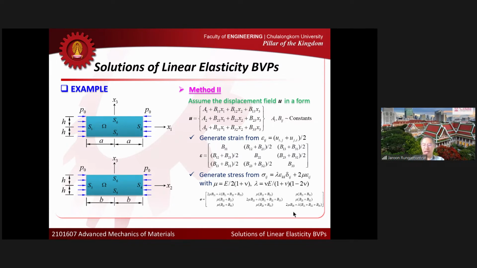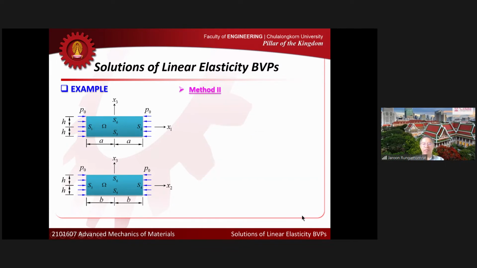So the next step, I have to check the equilibrium equations. I have this equation, right? And for this particular problem, Pi is 0, right? We don't have a body force field for this particular problem. So that term disappears from the equation, right? How about the first term here?